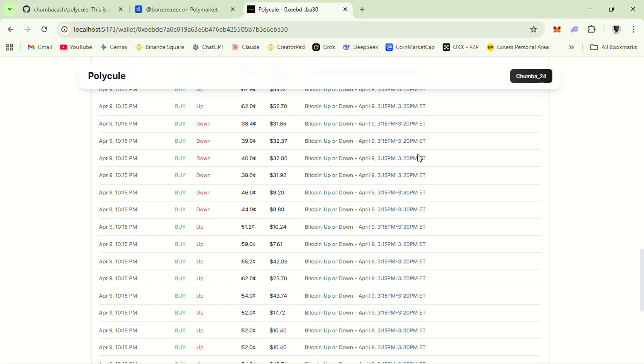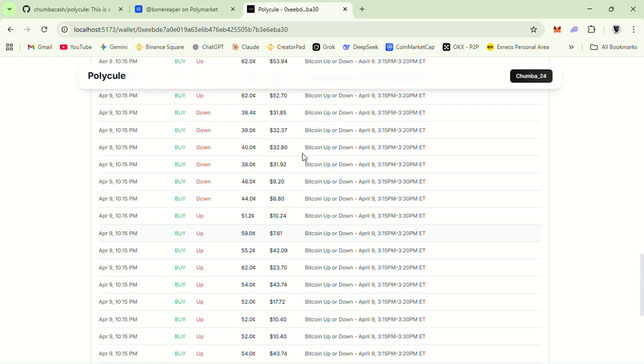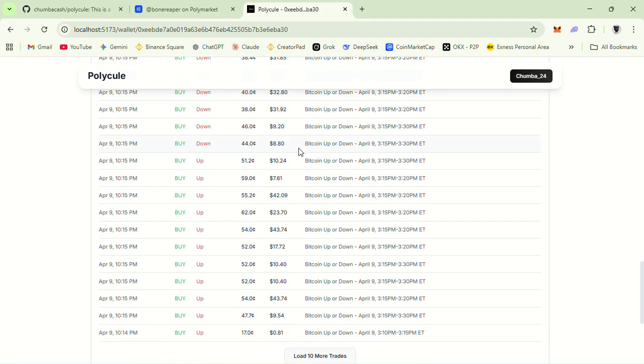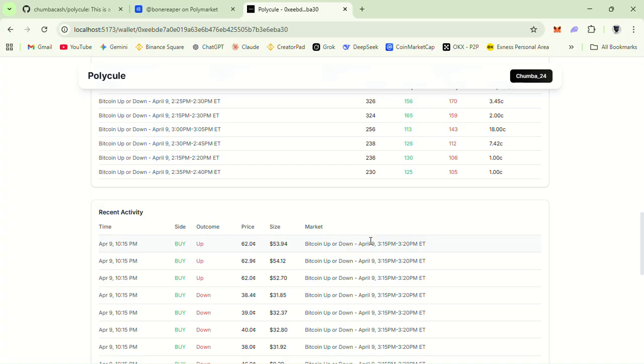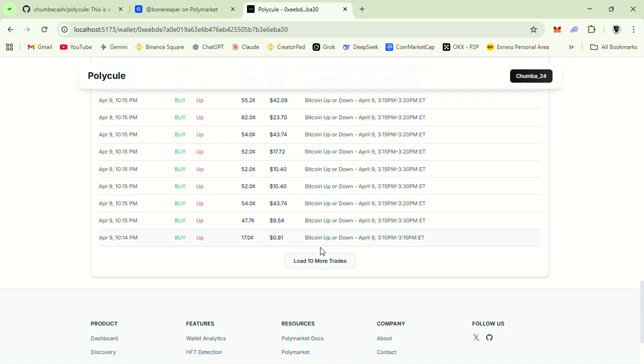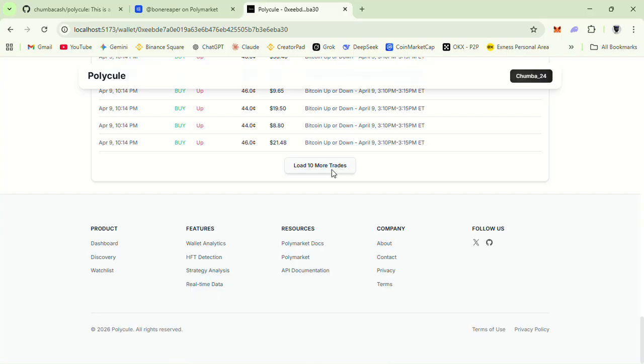You can see this person is heavy on 5 minutes, so we can find 5 minutes, then expand or load more trades, so that you can see all the trades this person is doing.